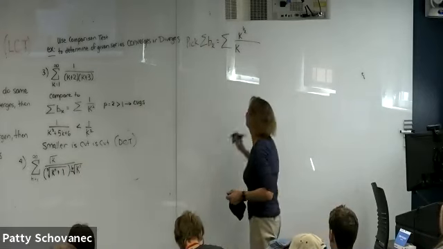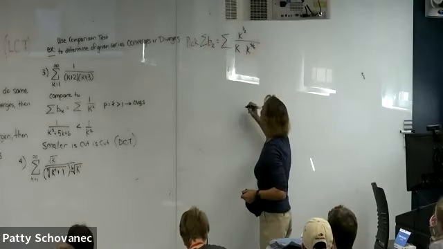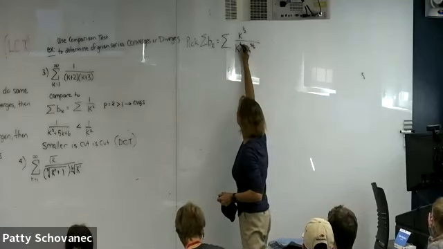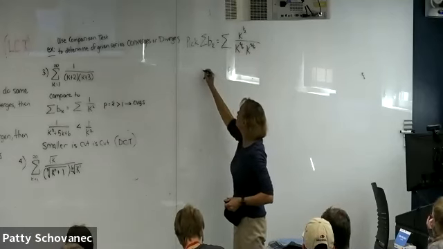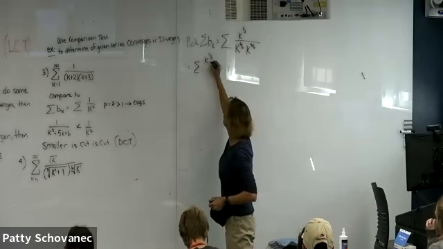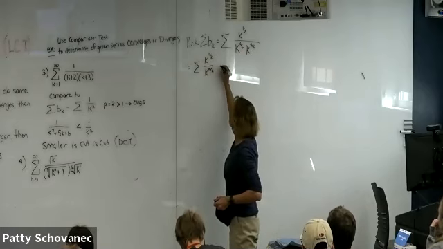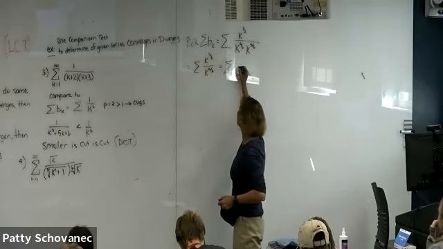What does that look like? K to the 5/6. Now we have 11/6 in the denominator. All right, add exponents. So I have k to the 1/2 divided by k to the 11/6. Now subtract exponents.